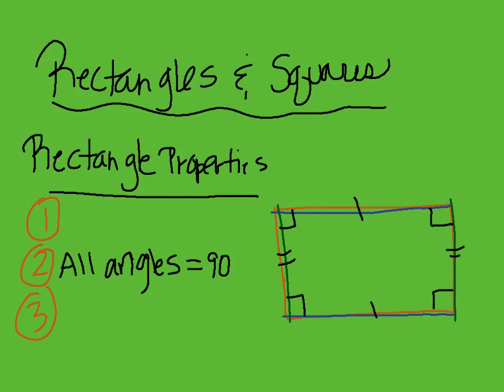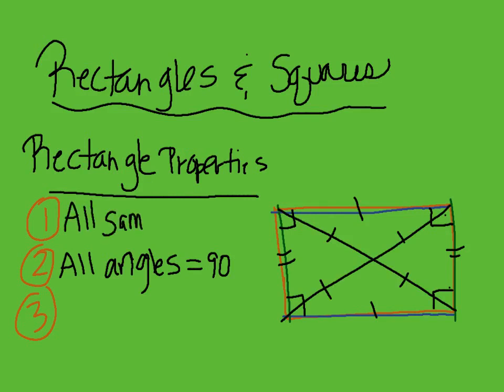We have that the angles that are next to each other, or same side, equal 180. And so that's true because 90 plus 90 is still 180. And then we have diagonals bisect. So if I do this, this is true, the diagonals do bisect. So that means that all properties of parallelograms are the same for rectangles.